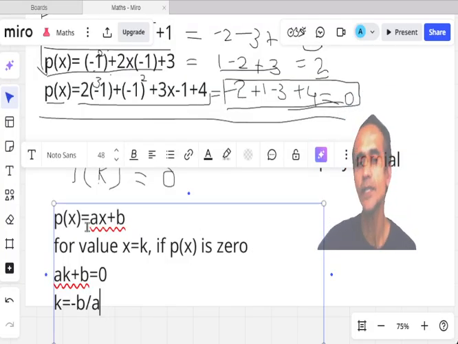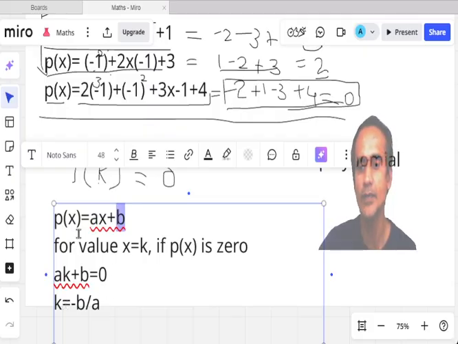So for a linear polynomial, this k, the 0 of the polynomial, is related to the coefficient and constant.